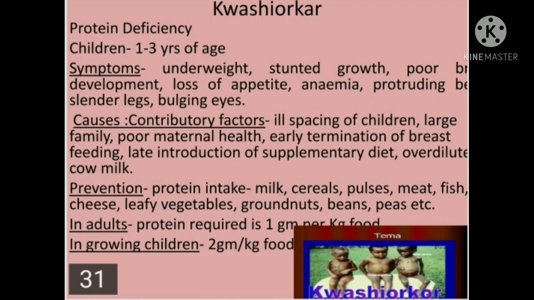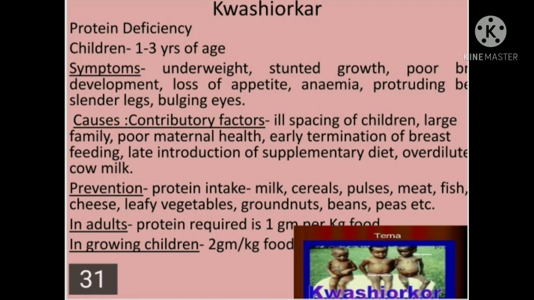Symptoms are, how can we understand that the person is suffering from kwashiorkor? The first symptom is underweight. Why underweight? As the child is suffering from the lack of a nutrient, and that nutrient is protein. Next, stunted growth.